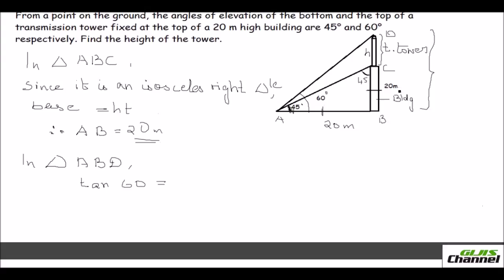Opposite side is, I have taken the height of the tower as h, right? And the height of the building is 20. So that would be 20 plus h, because we have to take the whole length now, divided by the base. Base is 20 again.